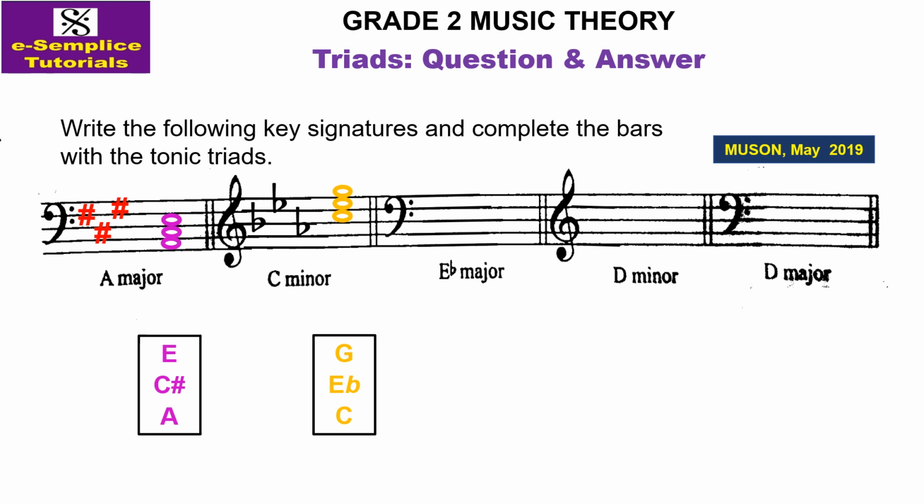Next, E flat major. The key signature for E flat major is B flat, E flat, A flat. Figure out the triad.